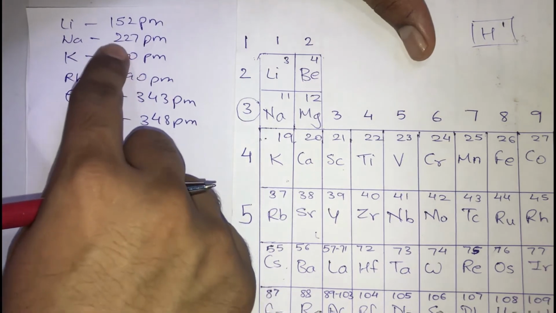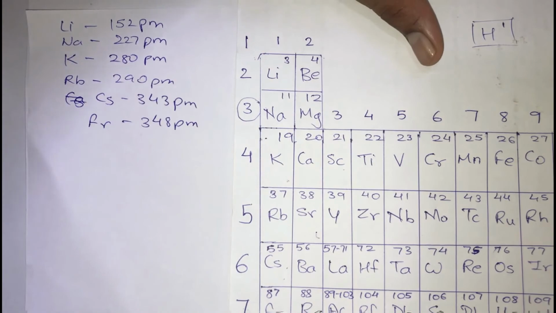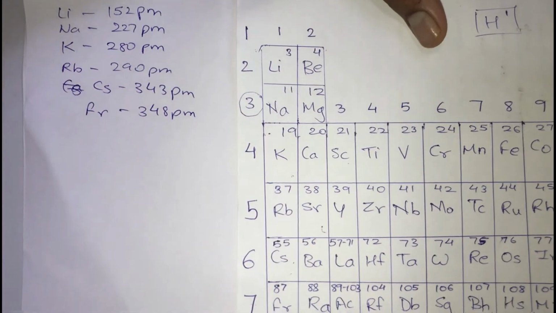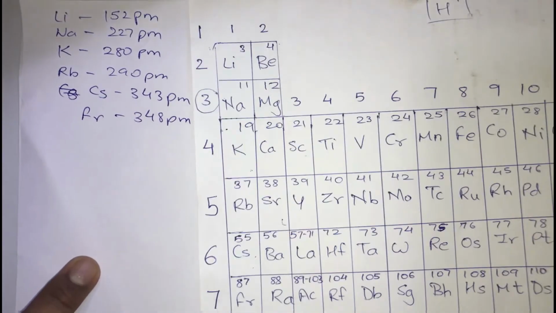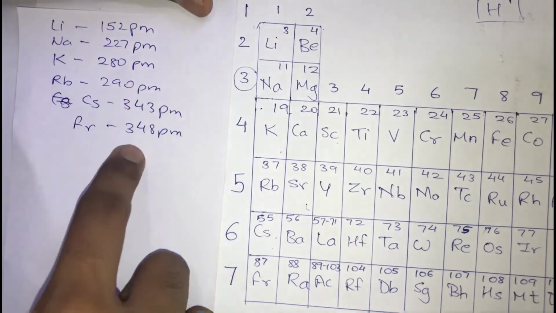So can I conclude, guys, that as you are moving from top to bottom in a group, the atomic radius is increasing? Now, why is it increasing? For understanding that, I am not going to consider all the elements, but I will consider the first two, that is lithium and sodium.